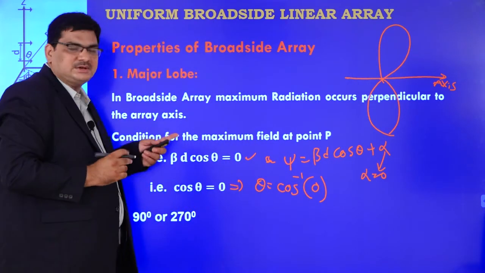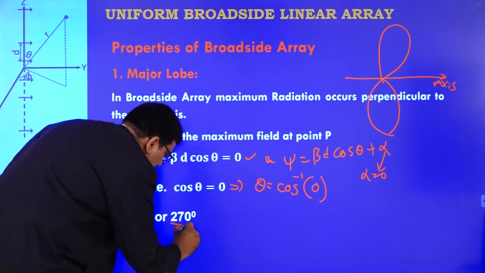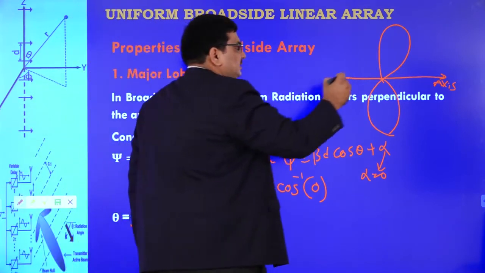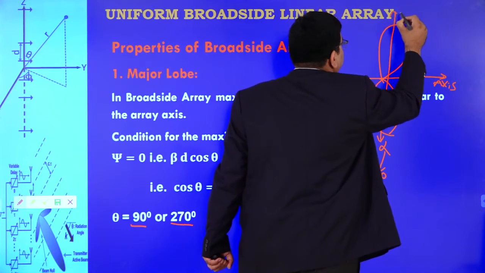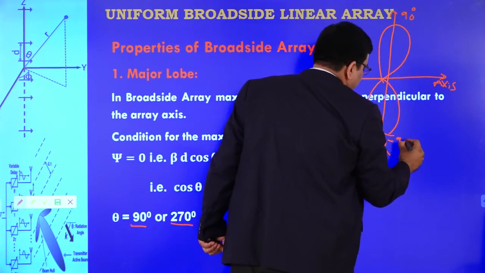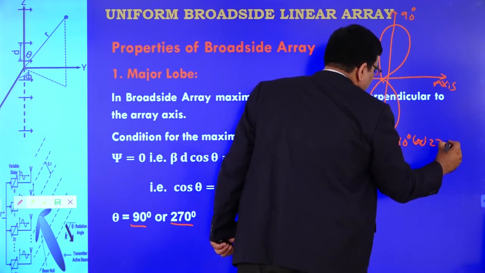When we take cos inverse of 0, theta is equal to 90 degrees and 270 degrees. So this is the direction of plus 90 degrees and minus 90 degrees, or 270 degrees.